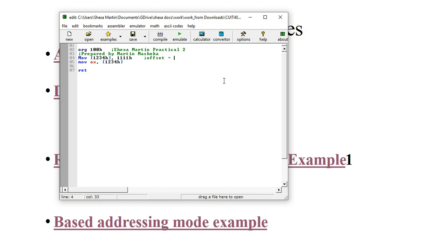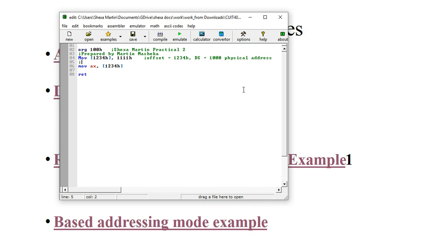is equal to 1234h, and if we are given that our data segment value is equal to 1000, now we need to say our physical address.